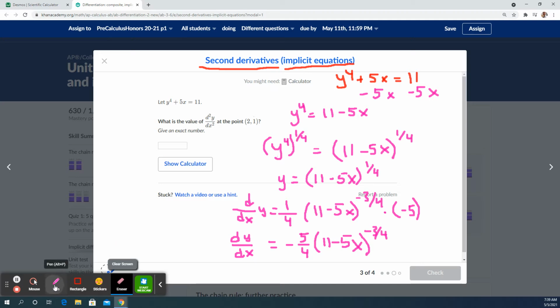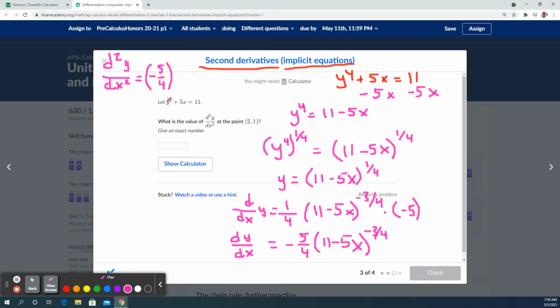All right. So now we're on the second derivative, d2y/dx2. It is going to be equal to our negative 5/4 in front, times the negative 3/4, times this function right here, (11 minus 5x).